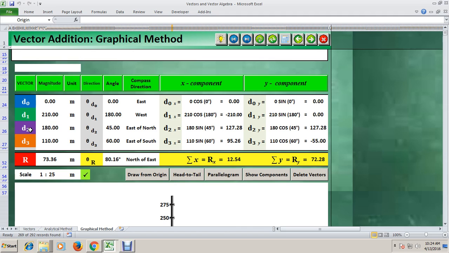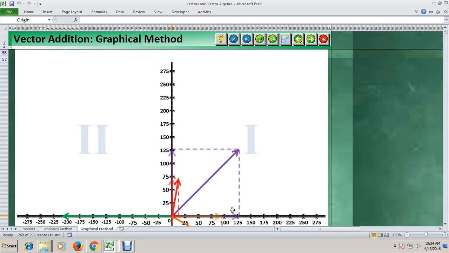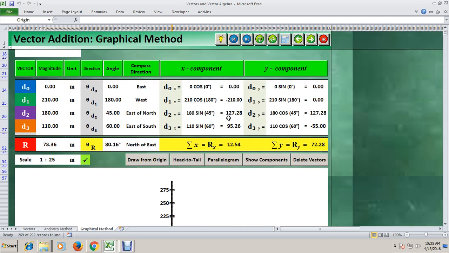Our purple vector d sub 2 is on the first quadrant. Therefore, its projections should both be positive since on the first quadrant x is positive and y is also positive. Take note of the length of the vector arrow. The projection of the vector arrow is drawn almost at 125, just like specified here, 127.28.